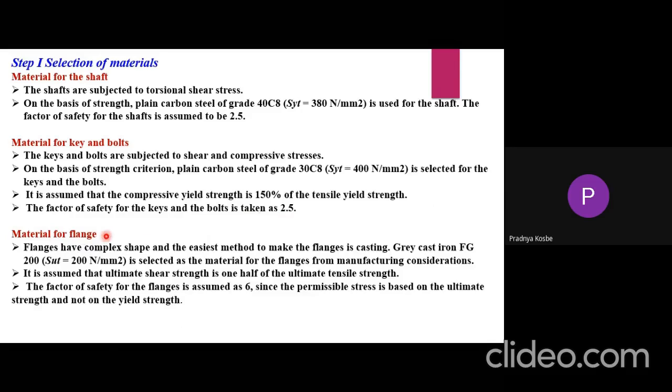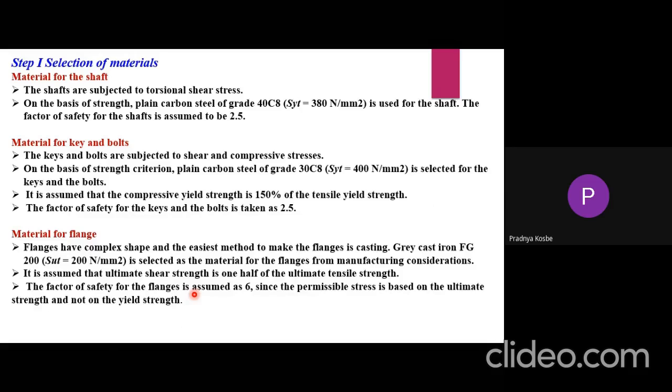Then material for the flange. Flanges have complex shape, and the easiest method to manufacture the flange is casting, and so gray cast iron with Fg 200. That 200 indicates ultimate tensile strength for this material.